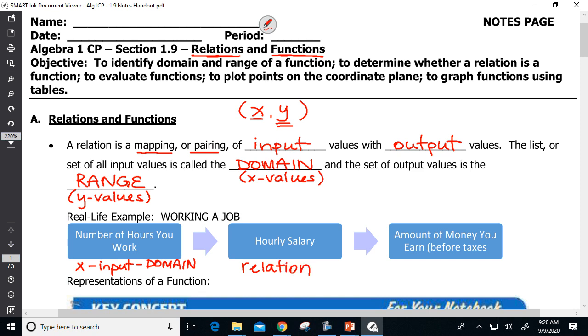So you make $9 an hour, you make $9 for every hour that you work. The amount of money you earn, those are your y values, that's your output, that's your range. You put in hours of work to get back however much money you make.